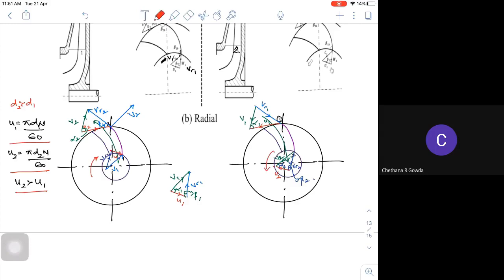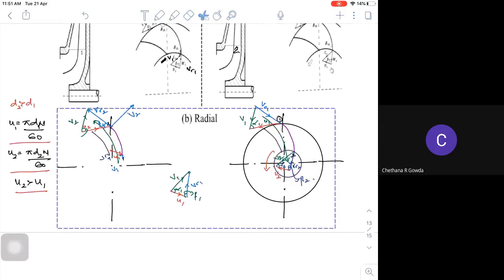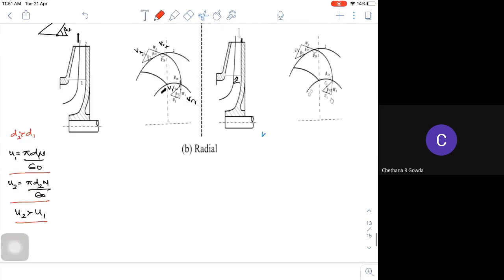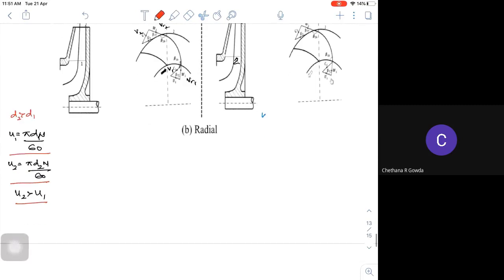I need to show that. So let me redraw this, that will be a better option. I'll draw for one. Now what is it actually? So I do have this is my hub and this one tip.